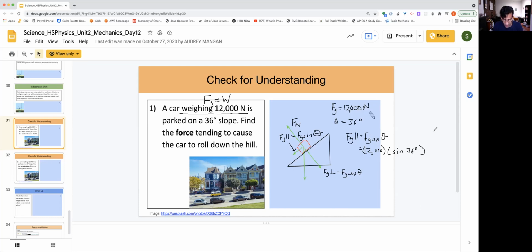So grab your calculators, I am too, and let's calculate this thing. So it was just a little bit more than 1/2. And so if I plug in and I calculate, I get 7,053.423, etc.